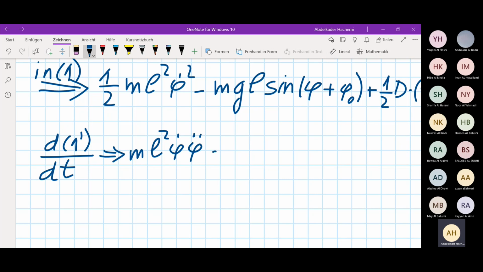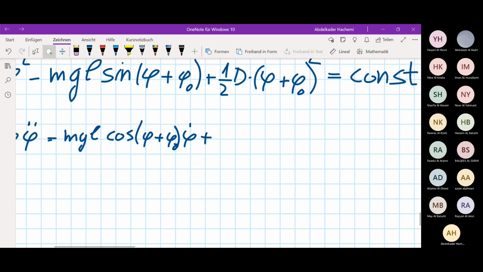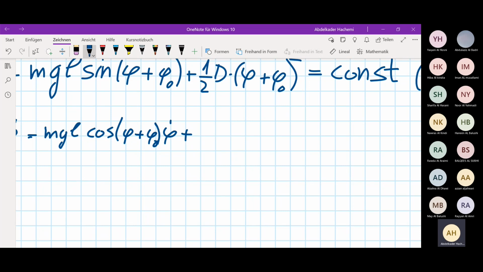Then we get minus mg L cosine of phi plus phi 0 times phi dot, plus d times phi plus phi 0 times phi dot, and this will be equal to 0.